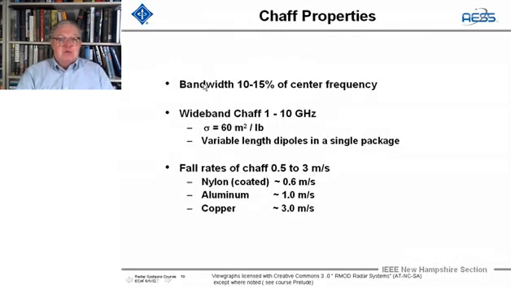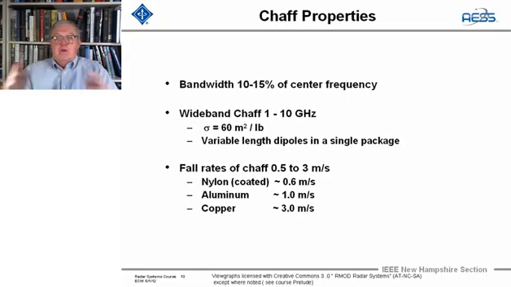Now, the properties of chaff: it has a bandwidth of 10 to 15% of the center frequency, and so that means that if you want chaff that's going to blanket one radar at one frequency, you can tune the length of the chaff to that.